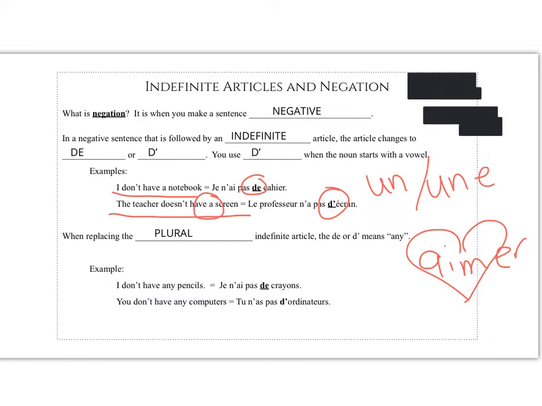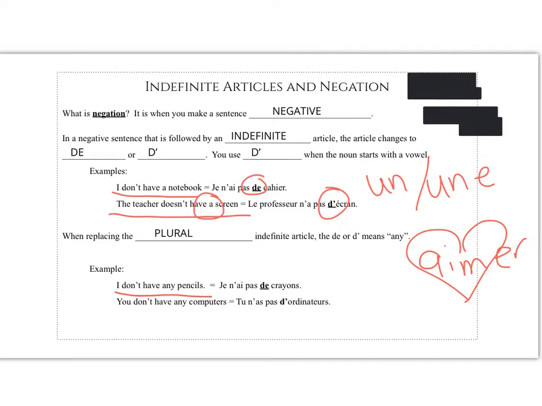The other thing is, when replacing the plural indefinite article, the de or the D apostrophe means any. So it literally does mean any for these ones. In English, we don't always say it. Like, it makes sense to us to say, I don't have any pencils, like this right here. Totally makes sense, right? But in English, we can always say, I don't have pencils, right?